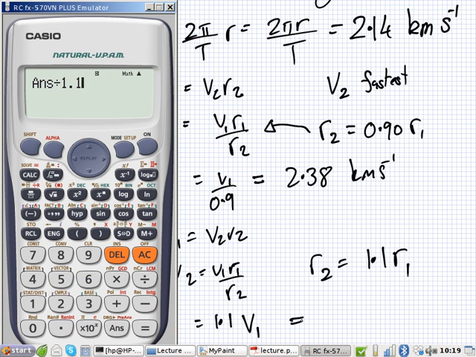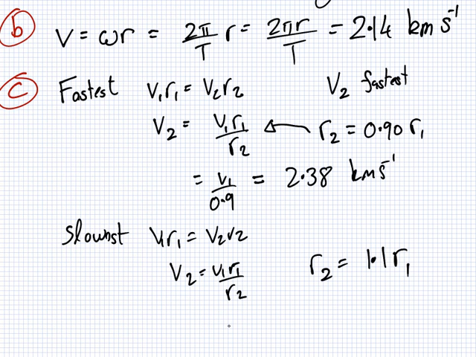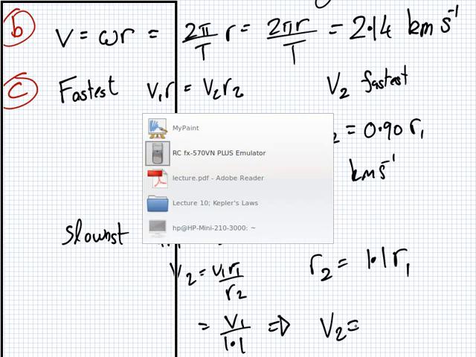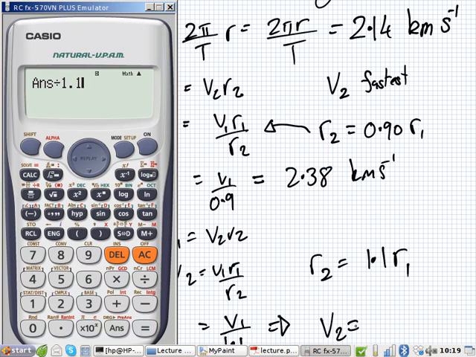I should have not 1.1 on the top, on the bottom, of course, V1 over 1.1. So that means V2 equals 1.94.